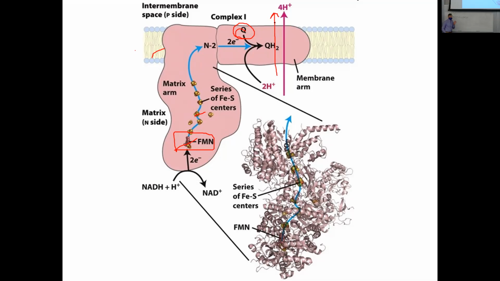How this is accomplished is not fully understood, but it involves conformational changes that open channels to accept protons from the matrix side, conformational change as electrons move through the series of iron sulfur clusters, opening up channels that deliver protons to the intermembrane space side.